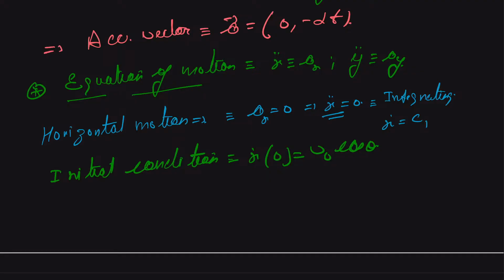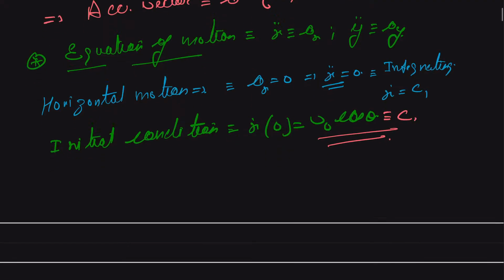It means this will be equal to our constant c1. Therefore we can write that x dot, which is our velocity, is v naught cos theta.